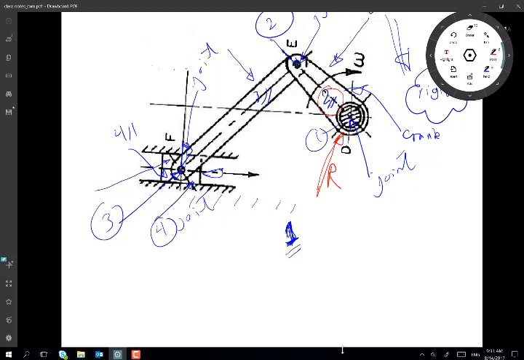I have another type of joint here, which is the sliding joint. I'm going to refer to this with the letter P, because normally we refer to this joint as a prismatic joint in this branch of mechanical engineering.